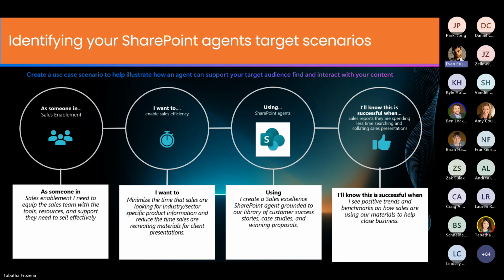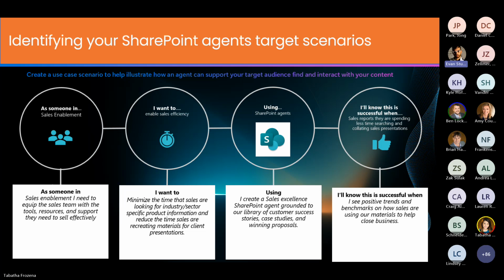Very good. This one's about identifying your SharePoint agent's target scenarios. This slide walks through an example use case to help you think about and brainstorm how to align an agent to a specific team's needs. In this case, we're looking at someone in sales enablement whose job is to equip the sales team with the right tools and resources to sell more effectively. The goal is to minimize the time reps spend searching for product info or recreating client-facing materials.